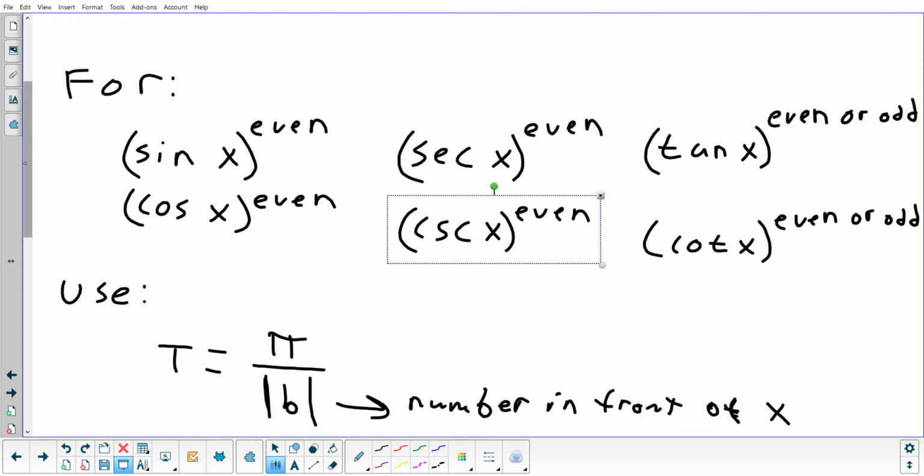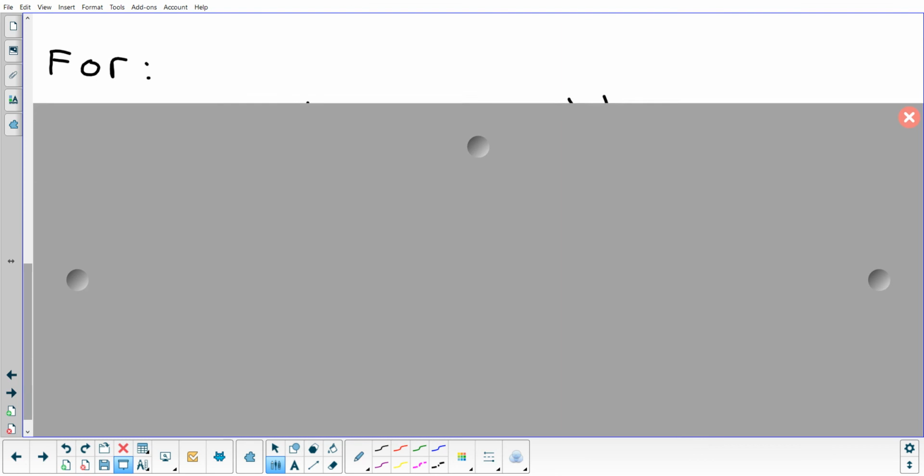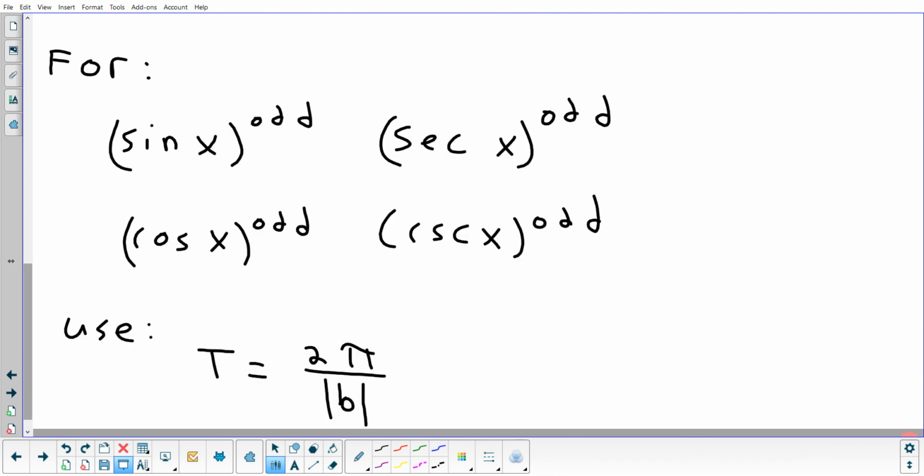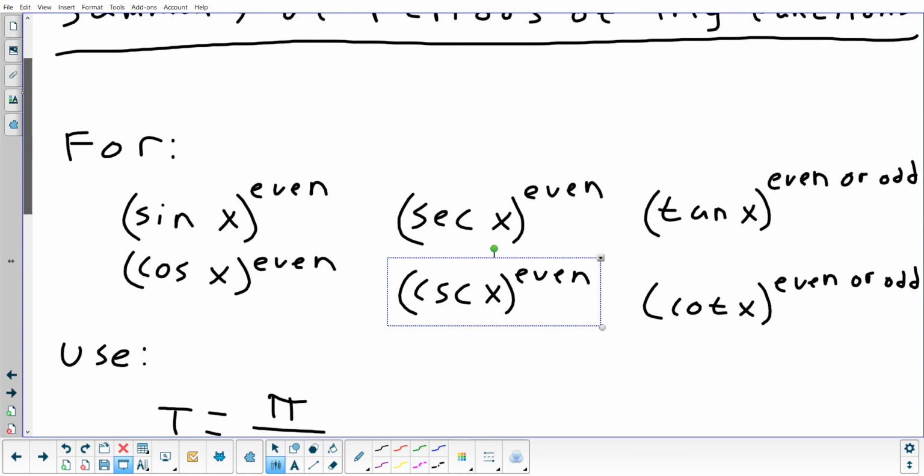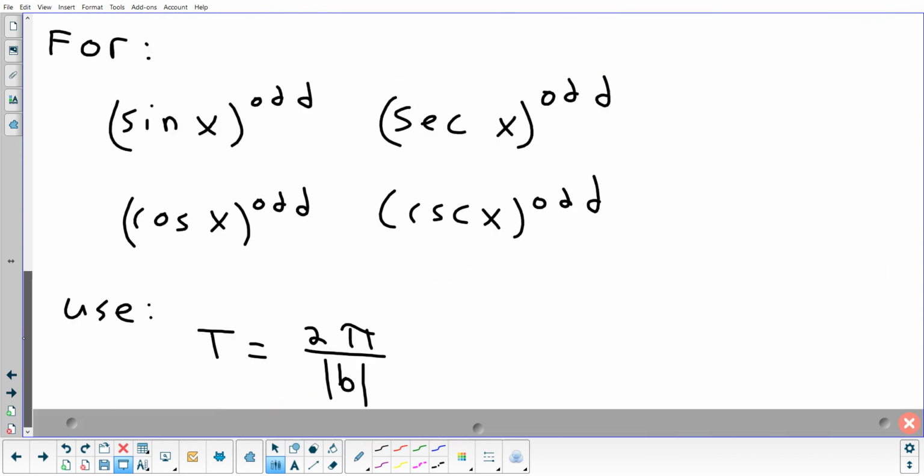I spaced it out. I can't really get it on the screen all at the same time. Does everyone have the first part? Okay, so second part. That's the sine, the cosine, the secant, and the cosecant to an odd power. So you could just put after that, if it's not one of these, then use 2 pi over b.